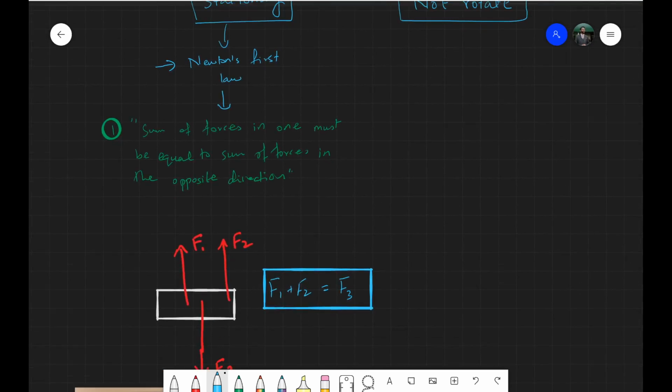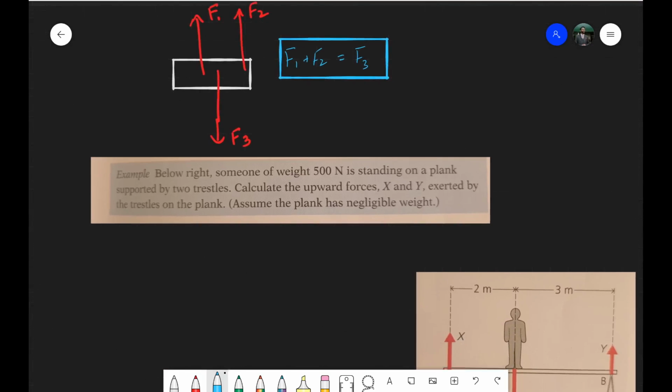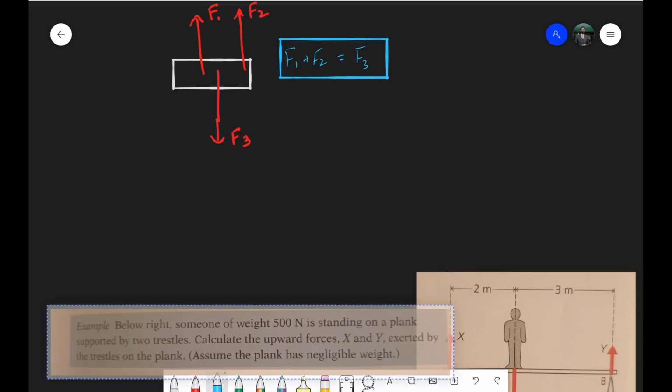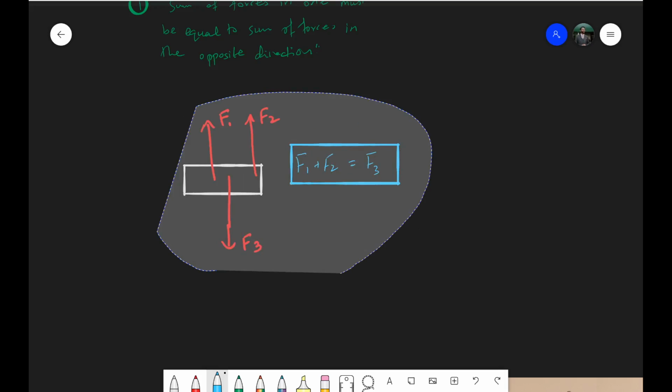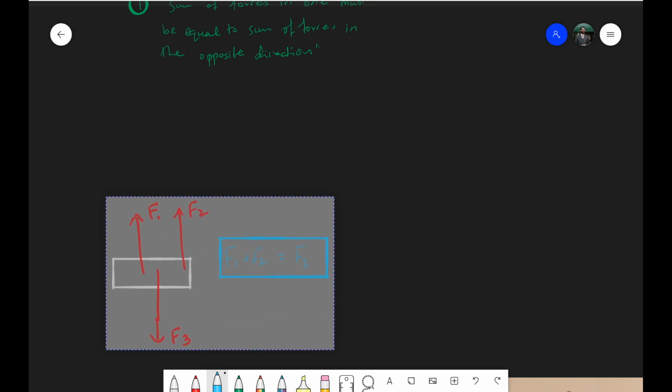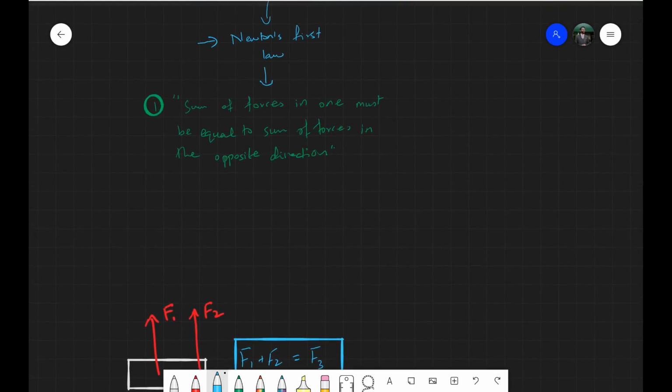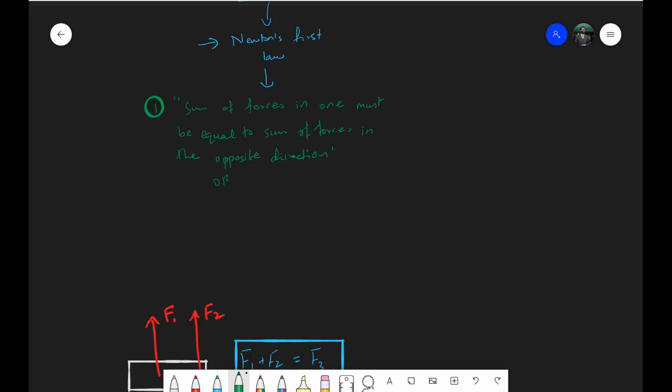Now, this condition also appears in a different wording. So let's learn that as well, because you might see it in exams written in a different way, so you should know all the different terminologies. You might also see: the resultant force must be 0.